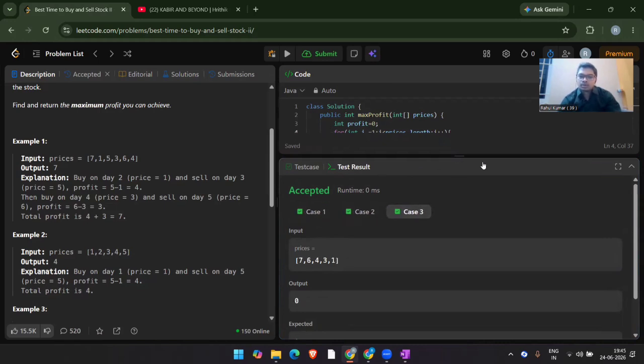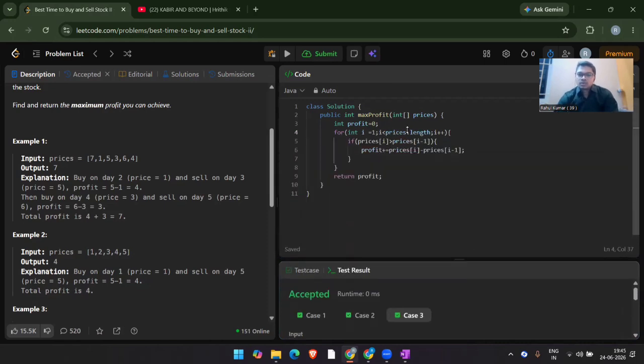So now let me explain here as well. First of all, I'm taking a profit variable initialized with 0, and I have started a for loop here. It will start to iterate from the first index, and it will keep checking with the previous one.